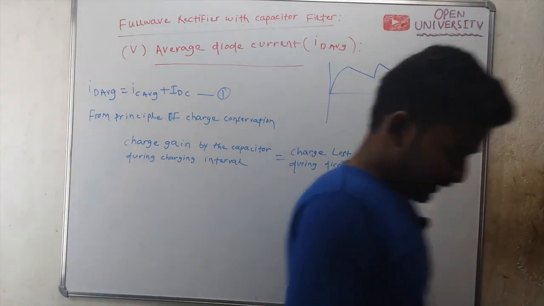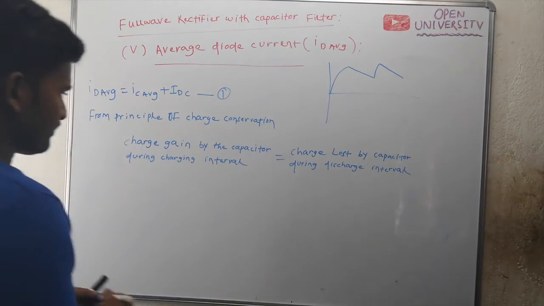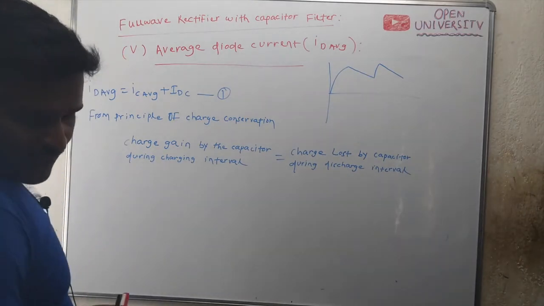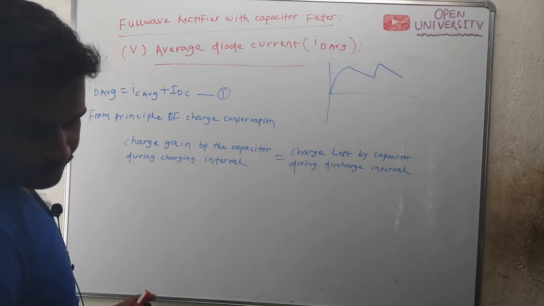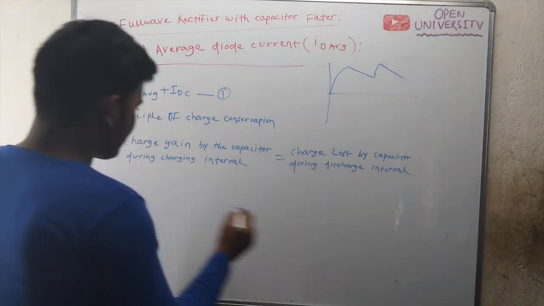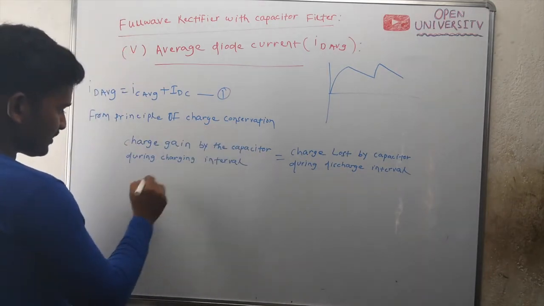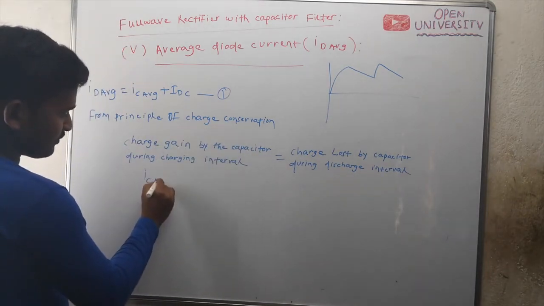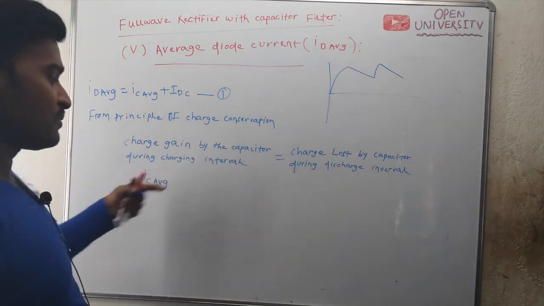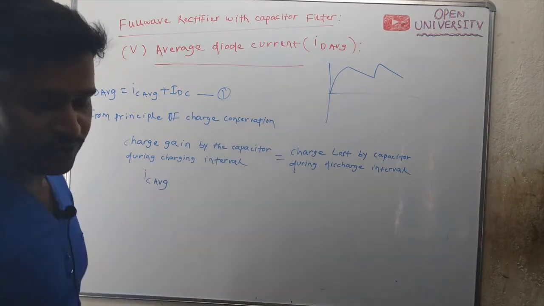So how much charge is gained by the capacitor during the charging interval? What is the average current through the capacitor? IC average. I want to find out how much charge is gained by the capacitor during the charging interval.